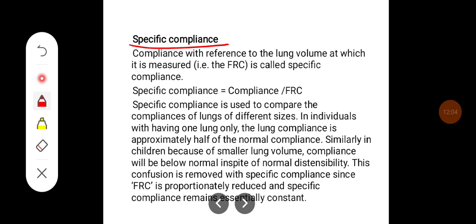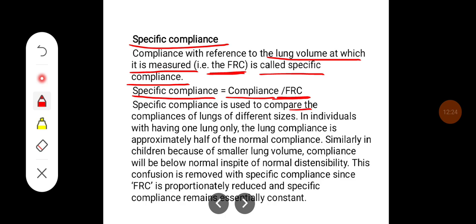Specific compliance: compliance with reference to the lung volume at which it is measured, that is the FRC, is called specific compliance. So specific compliance is equal to compliance divided by FRC, that is functional residual capacity. Specific compliance is used to compare the compliances of lungs of different sizes.